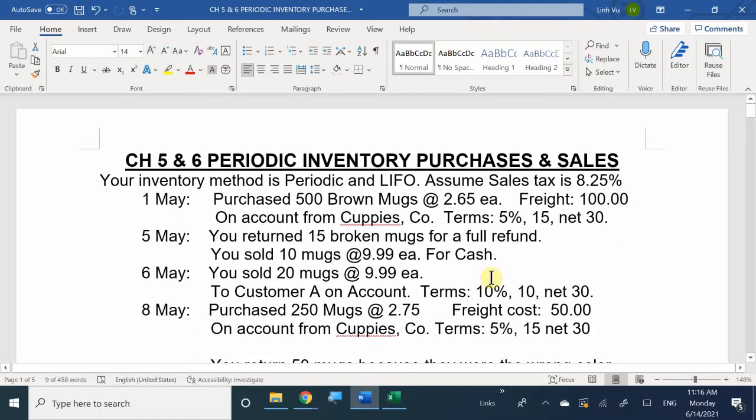Now, the first bill that we have, we purchased a total of 500 on May 1st. We have terms. Did we make the discount period?